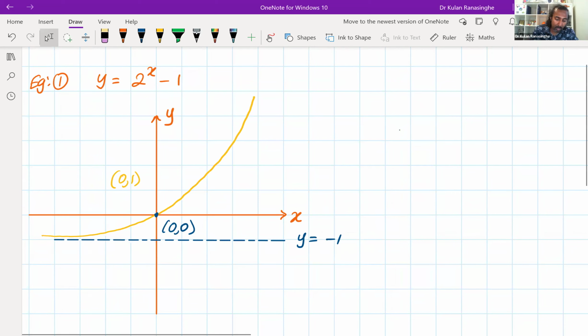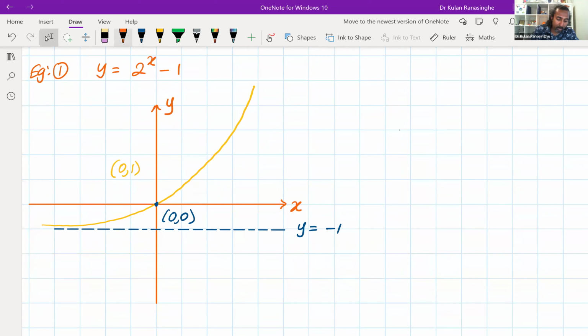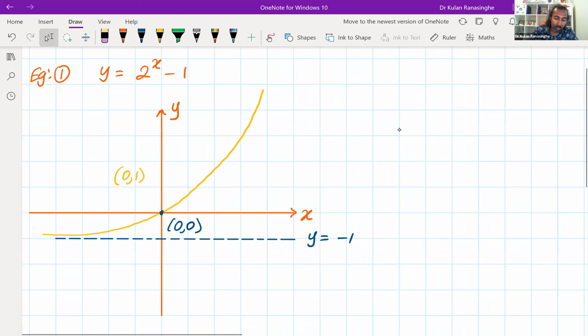Now we're going to look at y equals 2 to the x minus, let's say, 4. Or rather, I'll make it 3 to the x minus 9 and see how it goes. All right. Let's copy this one. I'll give you about a minute or so to finalize copying.